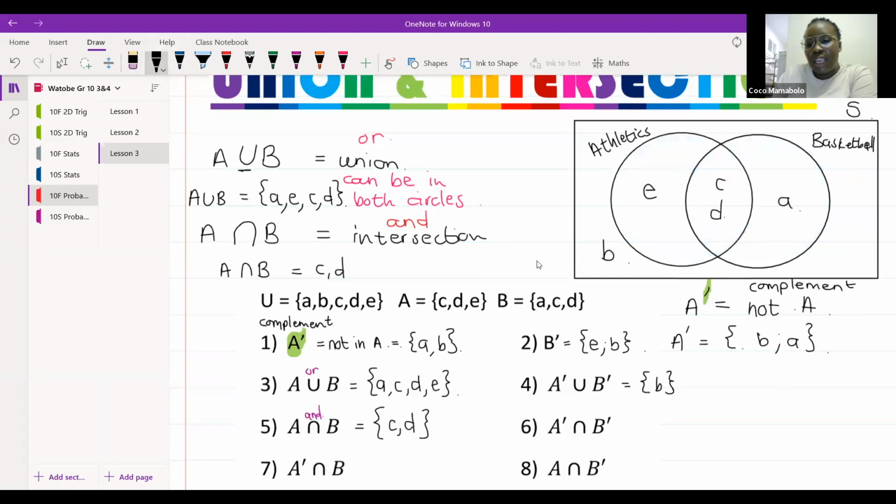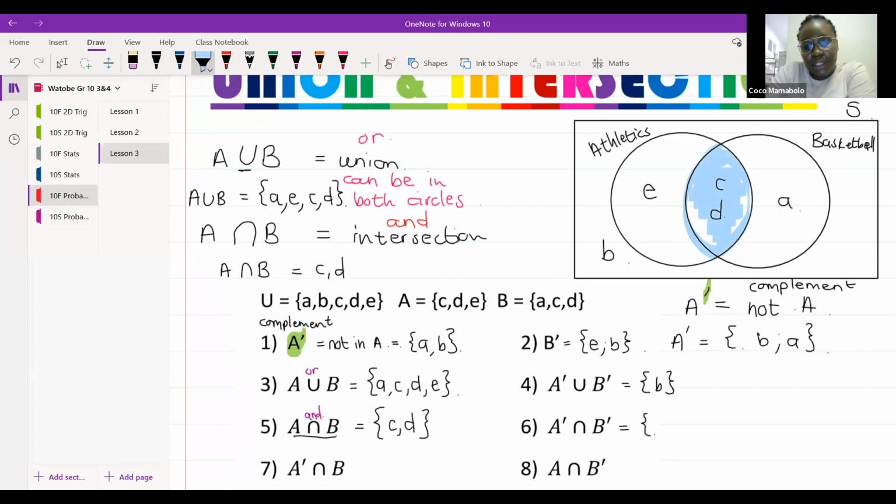All right, let's talk about number 6. What is the A complement intersection with B complement? What would we then have there? Ma'am, I don't understand that one either. Okay. Let's go back to A intersection B. That's C and D. So the complement of both of these would be everything except these two, right?